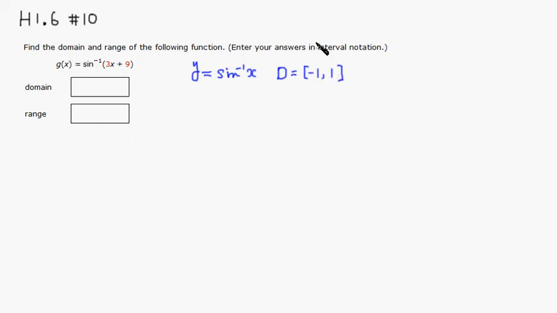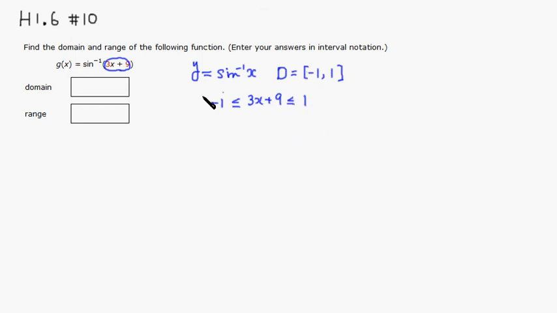So in order for this function to make sense, 3x plus 9 has to be between -1 and +1.